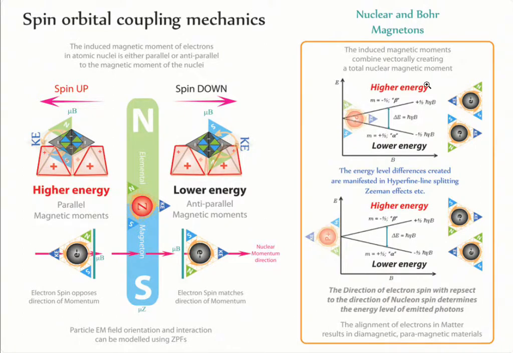Again, this illustration just shows that where we have a magnetic moment of south-north due to the proton moving in this direction through space, these spins of electrons will produce either a higher or lower energy spin because of the parallel or anti-parallel magnetic moments.